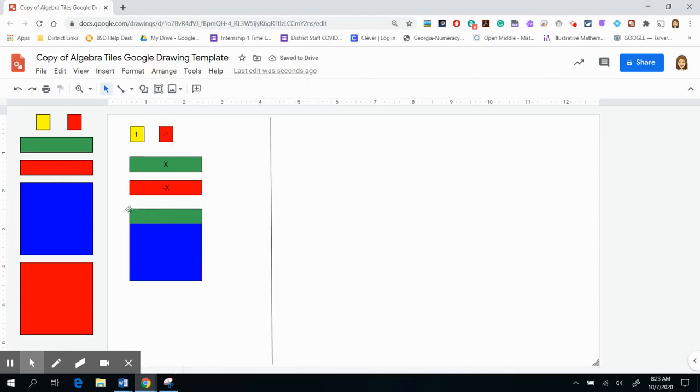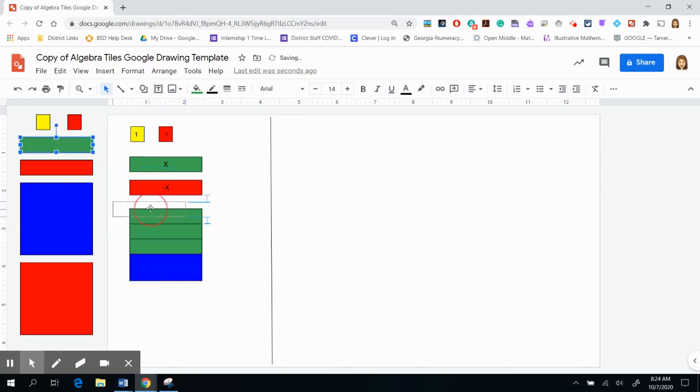And I'm noticing that the side length of the green rectangle is the same as the side of this blue square here. So I'm going to see if I can use these x's to figure out the value of the big blue square. 1x, 2x, 3x, 4x. It's not quite 4x. 5x? No, that didn't work either.